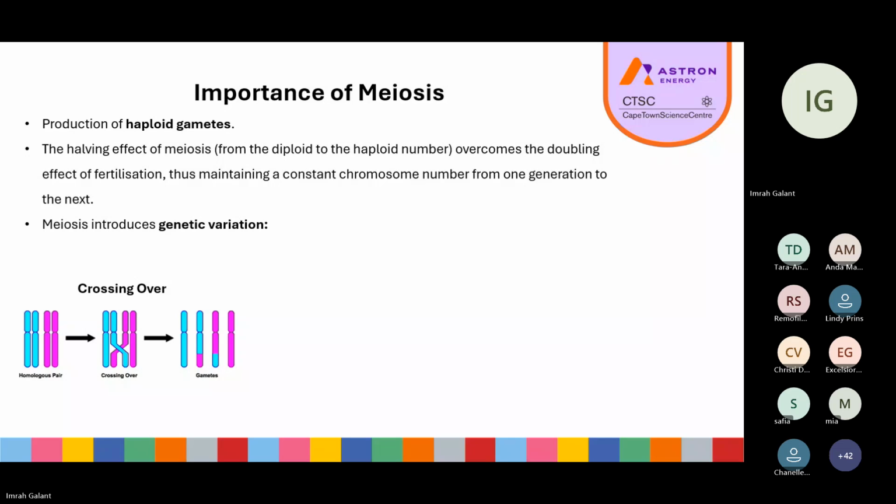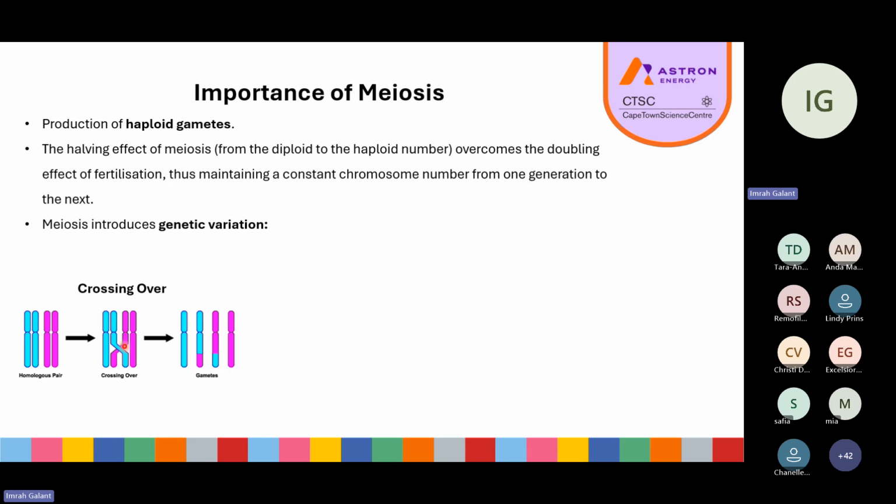So, as we know, crossing over takes place, and crossing over generally occurs in prophase 1. What happens over there is you have your homologous pair, and the inner chromatids of each homologous chromosome pair touch each other, and the point at which they touch each other is called the chiasma for singular, or the chiasmata, which is plural.